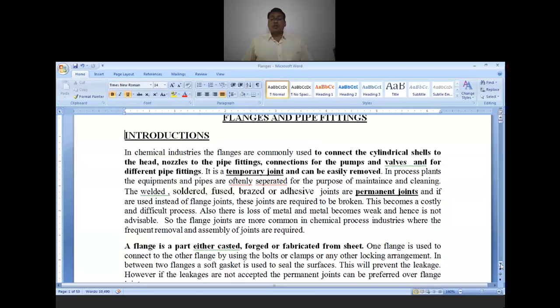It is a very difficult and costly process to tackle these permanent joints. So it is easy and convenient to have temporary joints by using flanges.